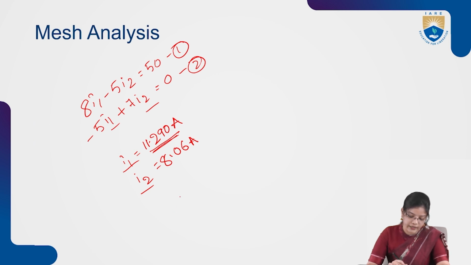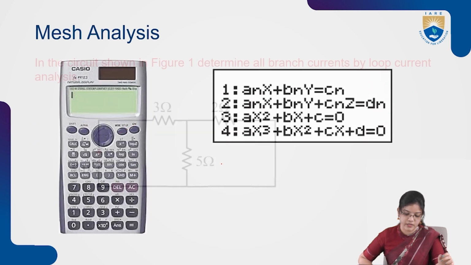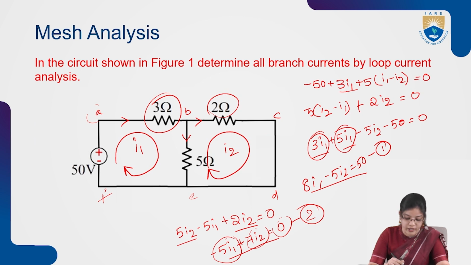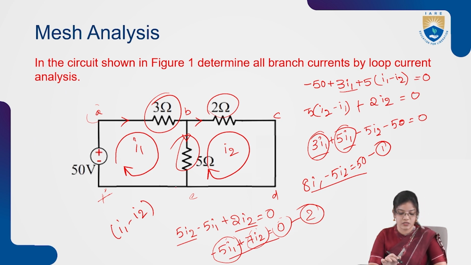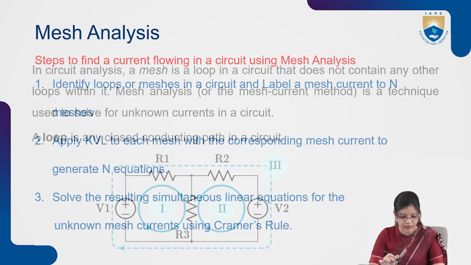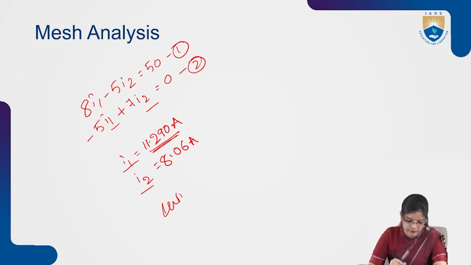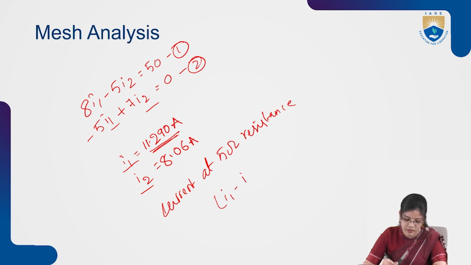So now I have to calculate the current in the circuit through the resistance. If the resistance value is 5 ohms, what is the current flowing in this circuit? If I take the equation with respect to 50 volts, the current across the 5 ohms resistor will be I1 minus I2. So the current at the 5 ohms resistance is I1 minus I2.